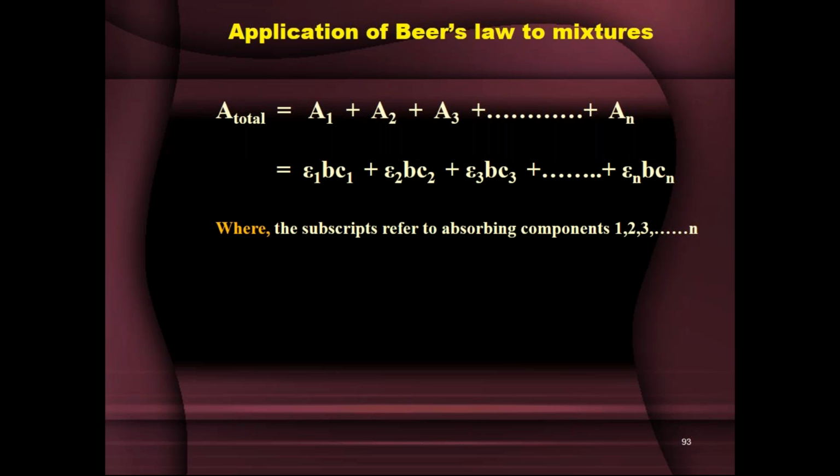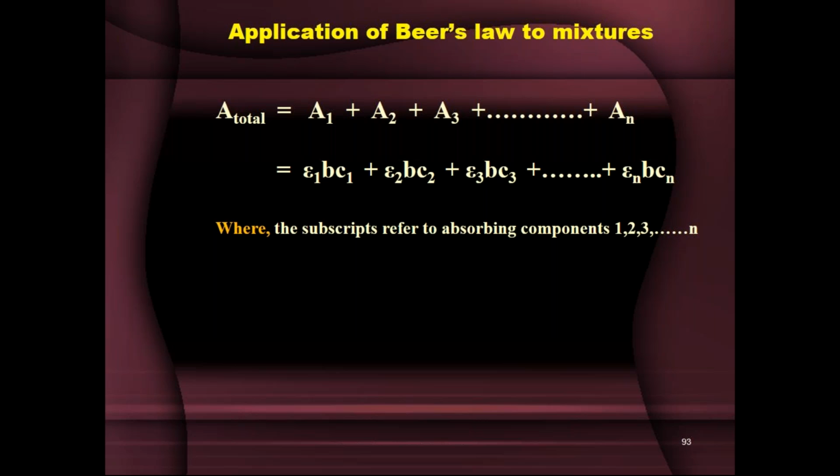But if the sample has a number of components, that is, we are considering the sample to be a mixture, then how would you apply Beer's law? Then we would say the absorbance that is measured would be the total of the absorbances of all components. Or in other words, A total equals A1 plus A2 plus A3, and so on.